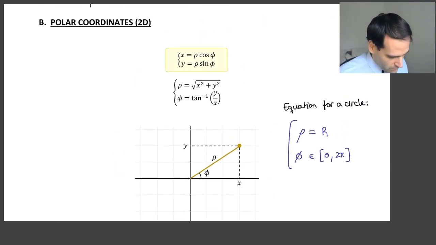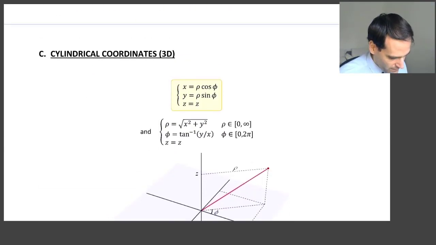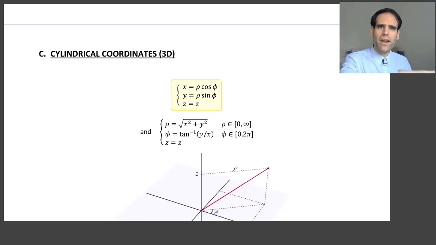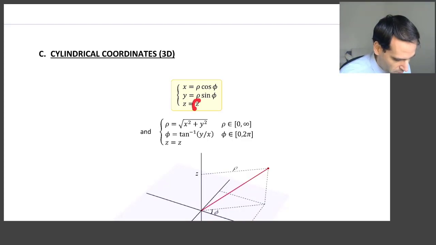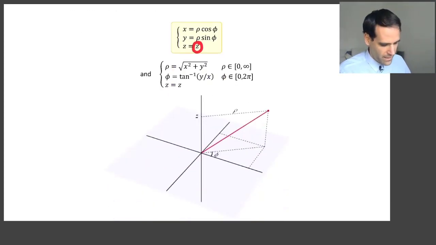So that will give us x and y using ρ and phi, and notice that that equation is exactly this equation. Once we are located in the xy plane by using ρ and phi, then we can just give an additional number, which is z, which is basically the height at which we are.